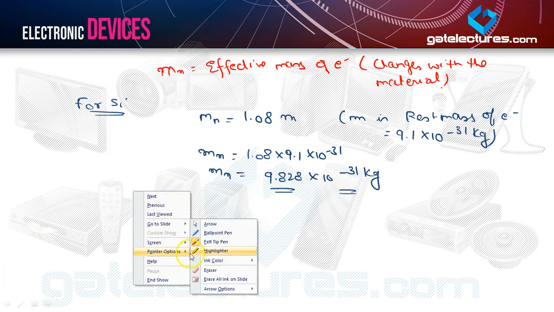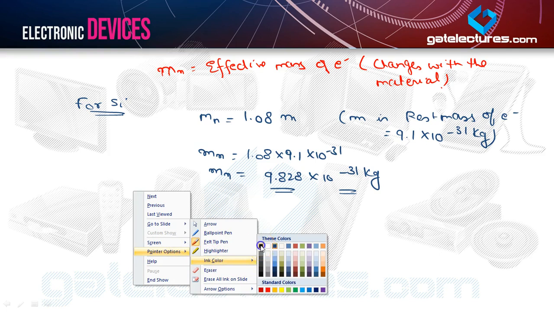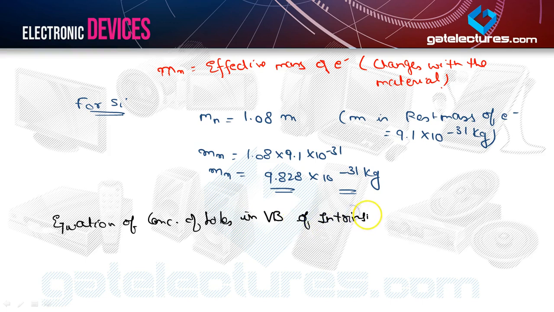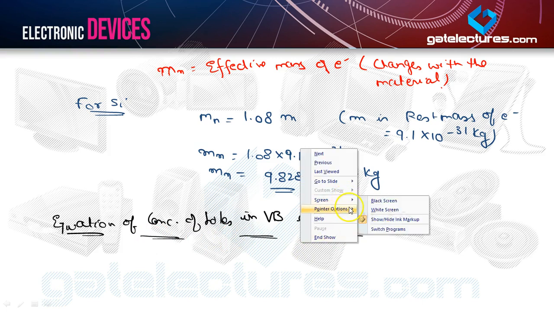Understood? Now the next one is the equation of concentration of holes in the valence band of an intrinsic semiconductor.